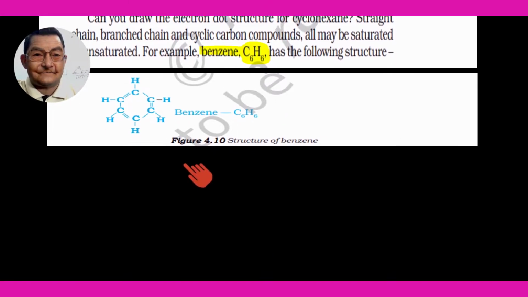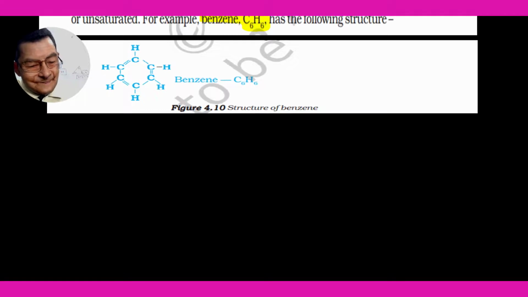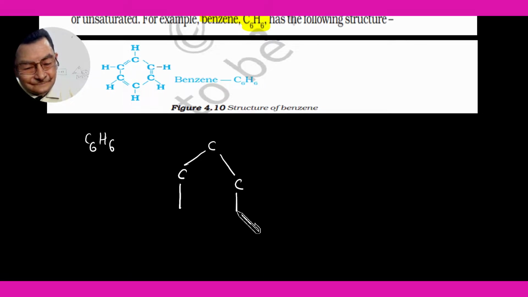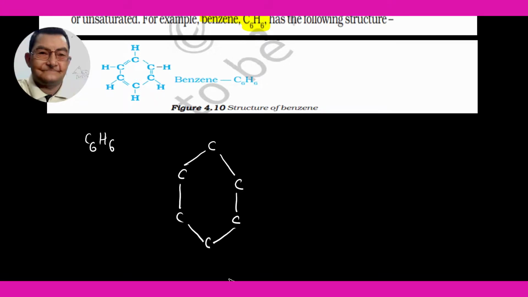So let's discuss the structure of benzene. Benzene is C6H6. So you've got 6 carbons, but then you've got only 6 hydrogens, so each one of them gets 1 hydrogen.